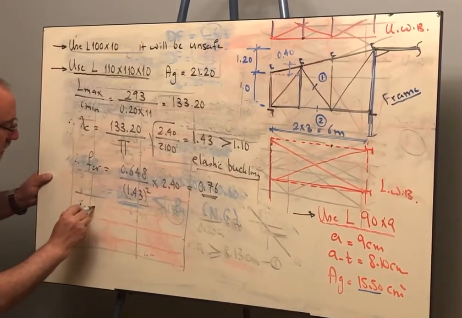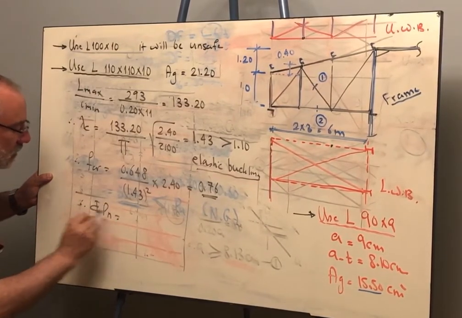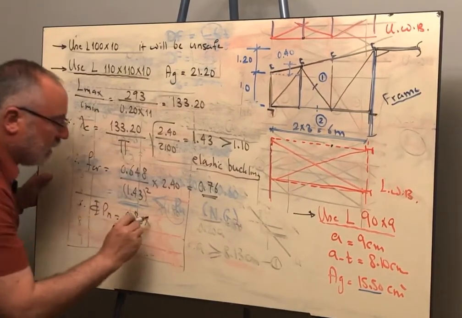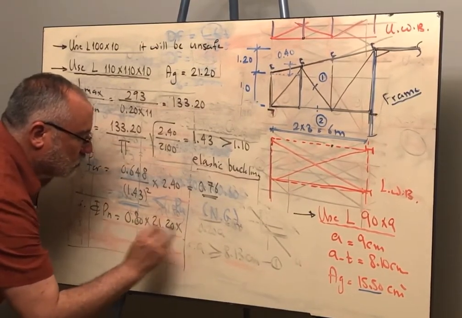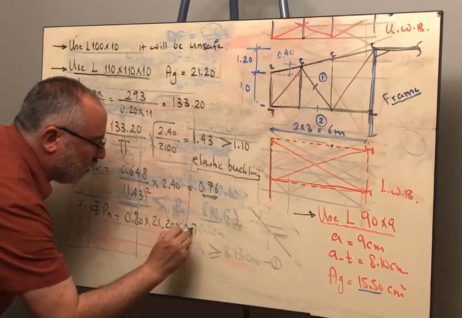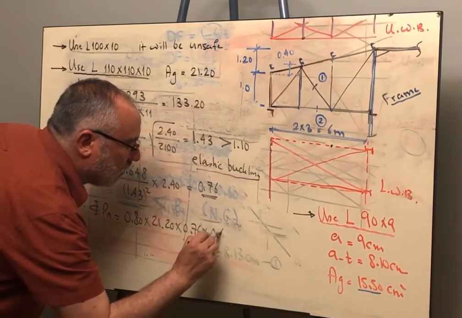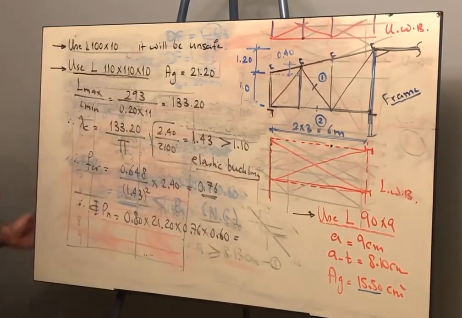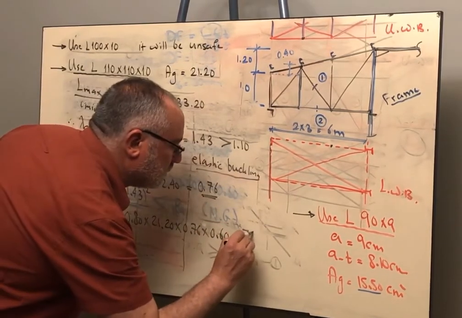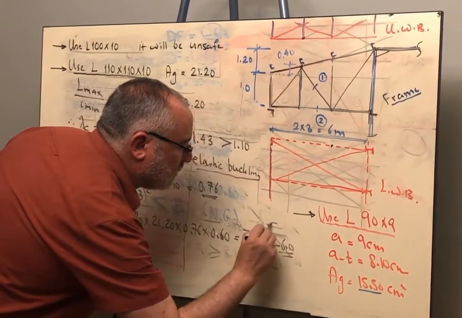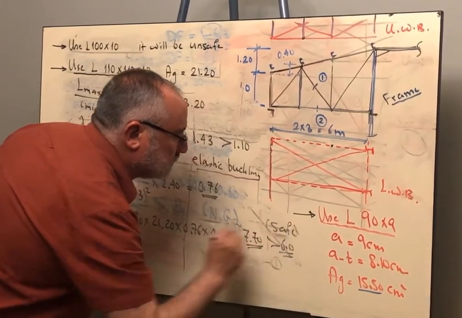Therefore, phi Pn, the resistance of the member, will be 0.8 times the area, which is 21.2, times F critical 0.76. And don't forget that this is one angle unsymmetric member. You have to multiply by 0.6. So the result, if you did this, it will be 7.7. Now it is bigger than 6 tons, therefore it will be safe.